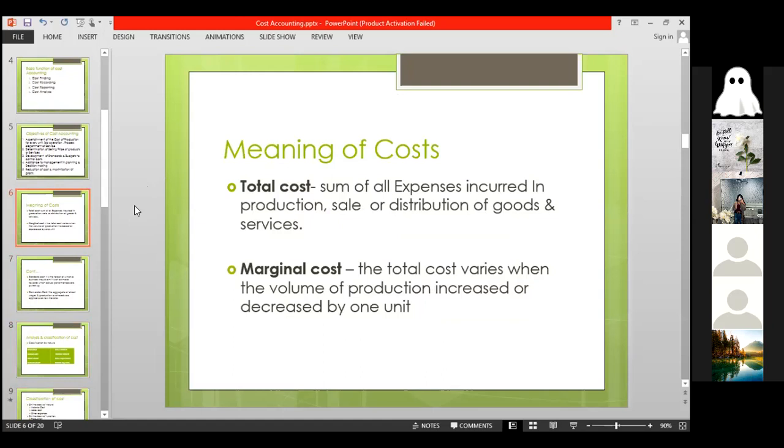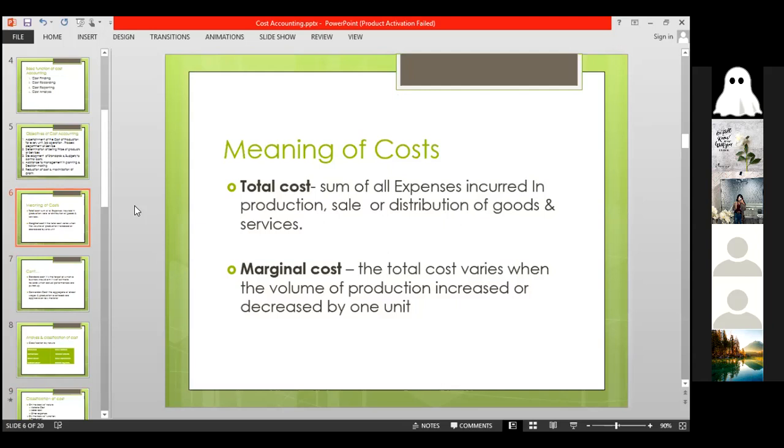It doesn't matter how high or low capacity your business is running at, fixed cost will always be there. Like the rent of the building, the salary of your manager, then other costs like the garbage services, the municipal services that pick up the garbage from your unit, your car insurance. These things are fixed costs.